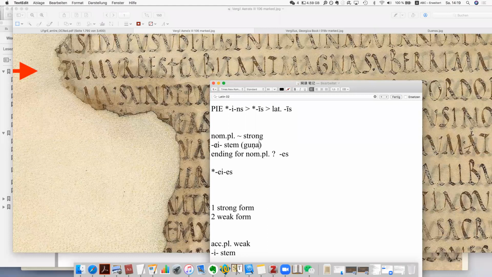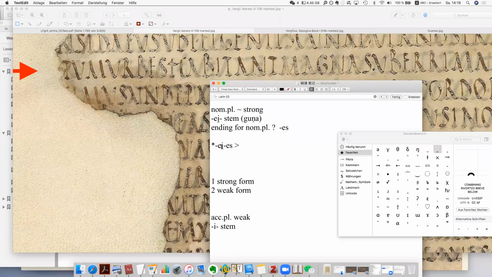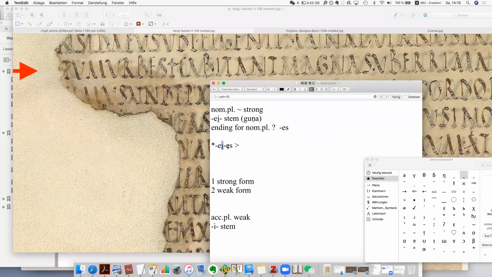So this is the stem, and then this is the ending, s, and then I should write it in this way. And then this is the y sound, and this y sound disappears in Latin.